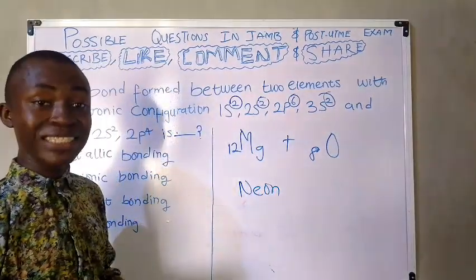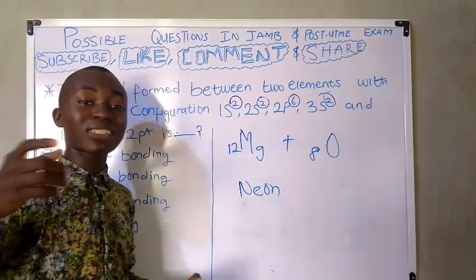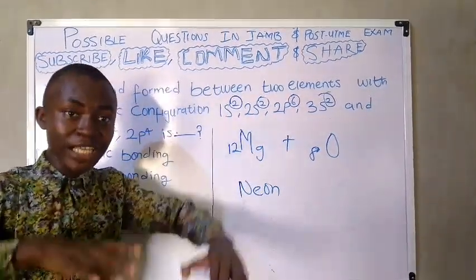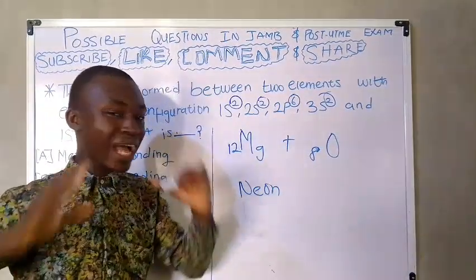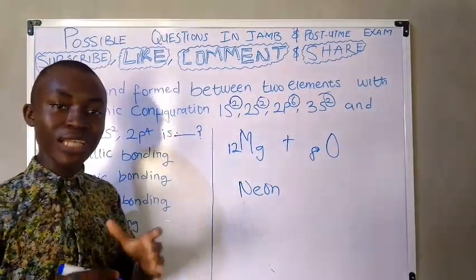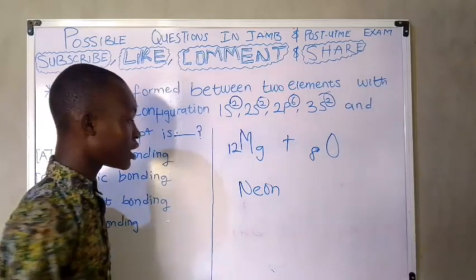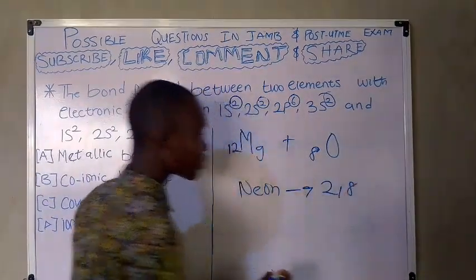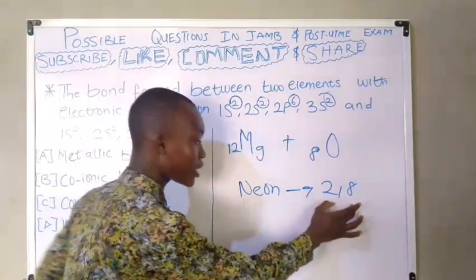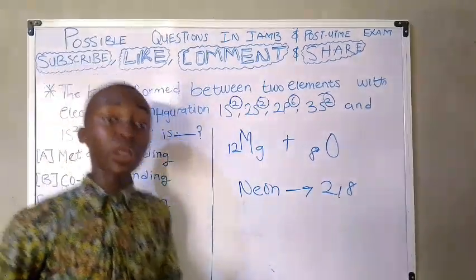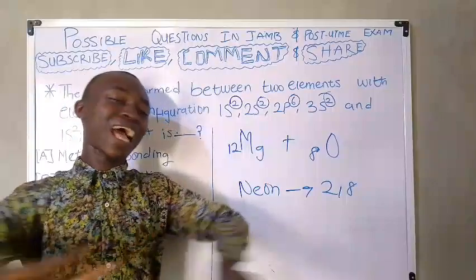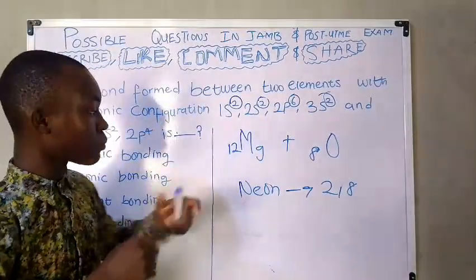Neon is exhibiting the octet configuration because neon is a saturated element. Neon cannot react with any element. You can't see neon reacting with other elements, and neon has the electronic configuration of 2,8. You can see it has become saturated. All the elements in group 8 or group 0 are saturated. They are not reactive. That should be noted.